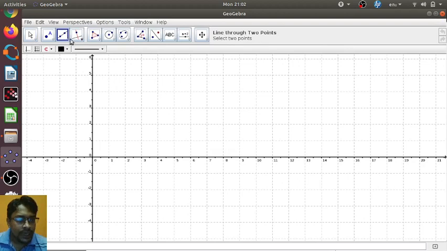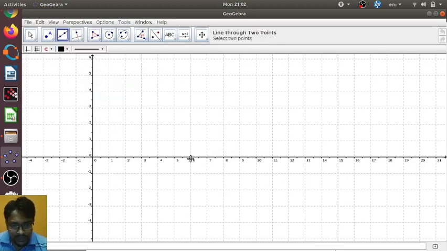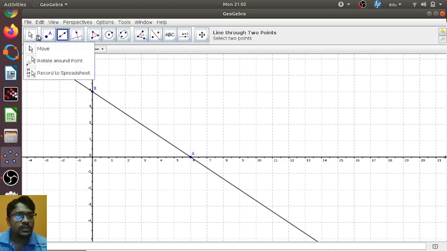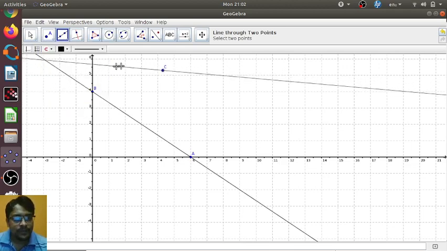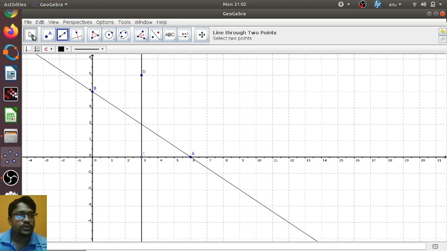That was the line through 2 points, x by 6 and y by 4. This is the line represented by this, and another line is x equal to 3.